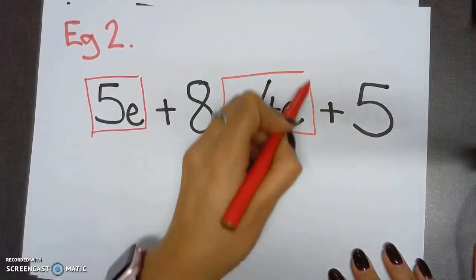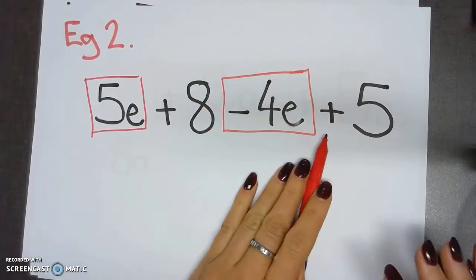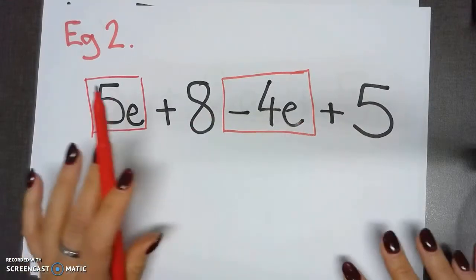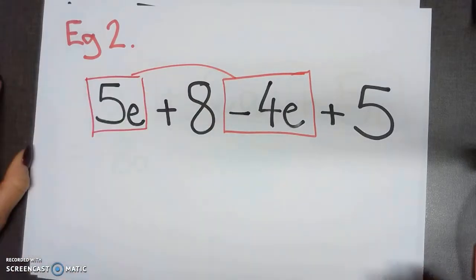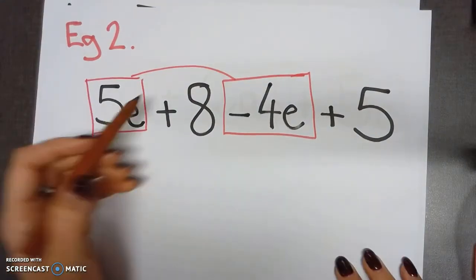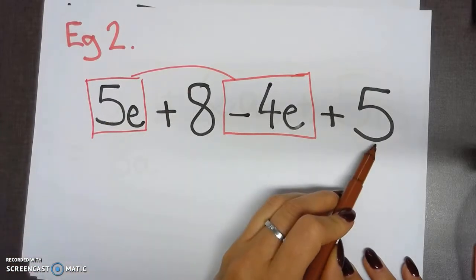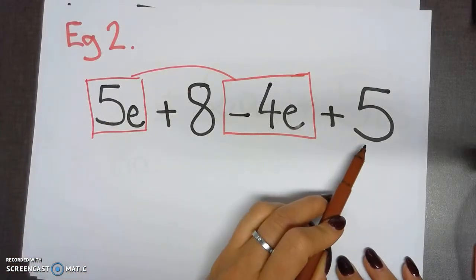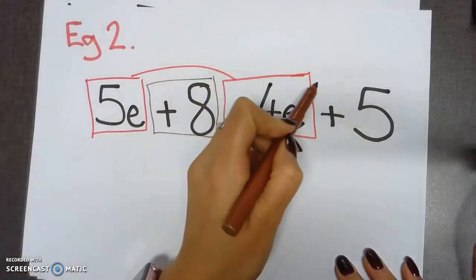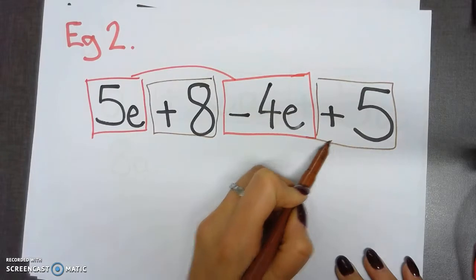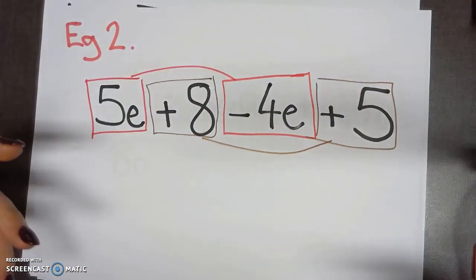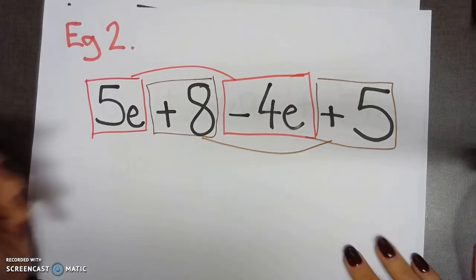It's not an e and an x or anything else, it is an e and an e, so they are identical and I can collect those. Then we've got an 8 and a 5. Neither has any variables, so those two are like terms as well. I can link those and box them up in a different colour or shape.